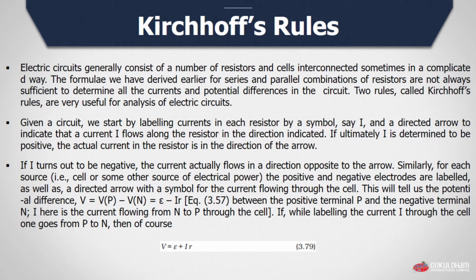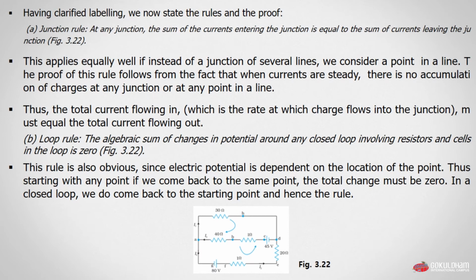If, while labeling the current I through the cell, one goes from positive to negative, then of course V equals epsilon plus IR, which is our equation 3.79. We get our equation 3.79 if the current is flowing from positive to negative in the cell. Having clarified labeling, we now state the rules and proof.